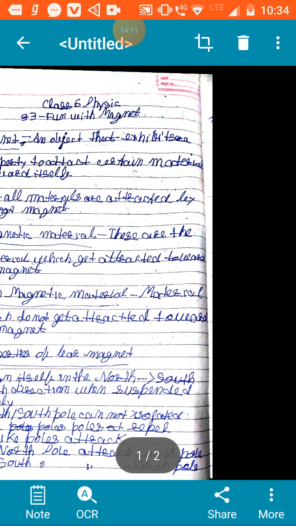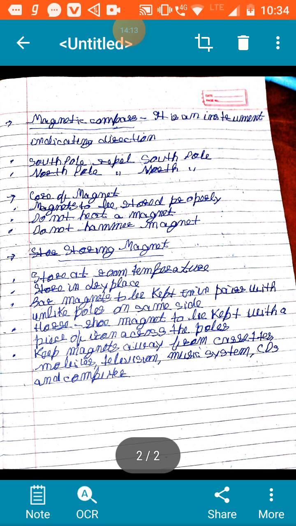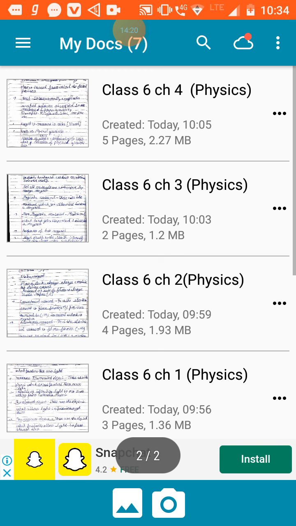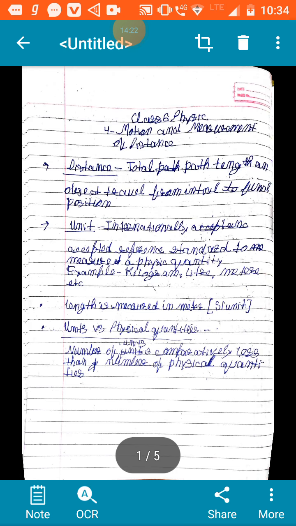Now come on to Class 6 Chapter 4, Motion and Measurement of Distances. Distance is defined as the total path length an object travels from the initial point to the final point of position.